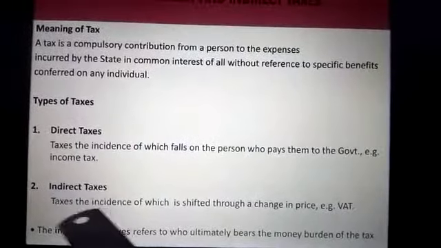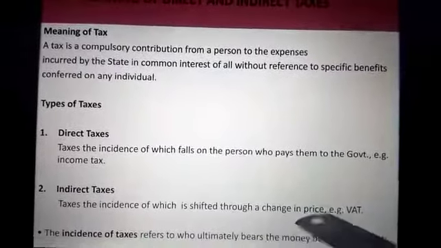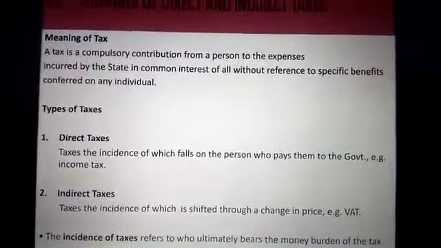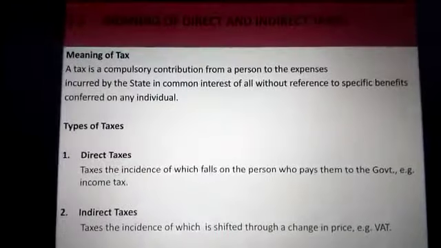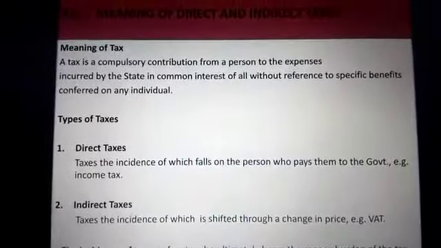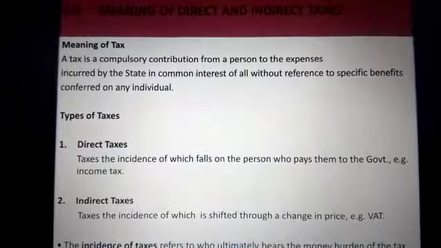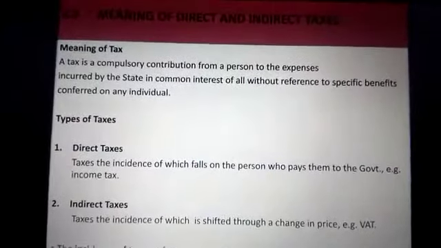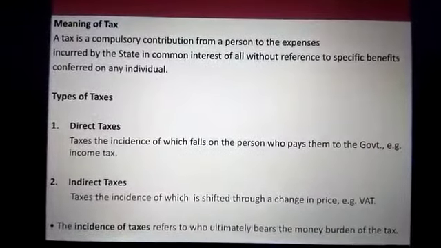Indirect tax means the taxes, the incidence of which can be shifted through a change in the price. Suppose a potato seller purchases potatoes for 10 rupees and sells them in the market for 15 rupees, thereby earning a profit of 5 rupees. In a particular year, the government started charging a sales tax of 2 rupees per kg on potatoes.